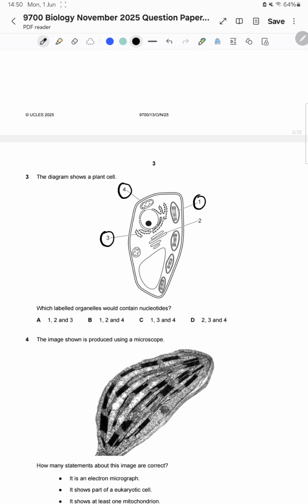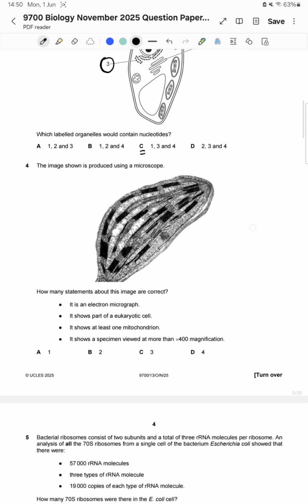As we know, ribosome is made up of proteins and rRNA. So once again, rRNA is basically nucleic acid. So 1, 3 and 4 are the relevant answer. 2 is Golgi, and Golgi does not have any nucleotides.